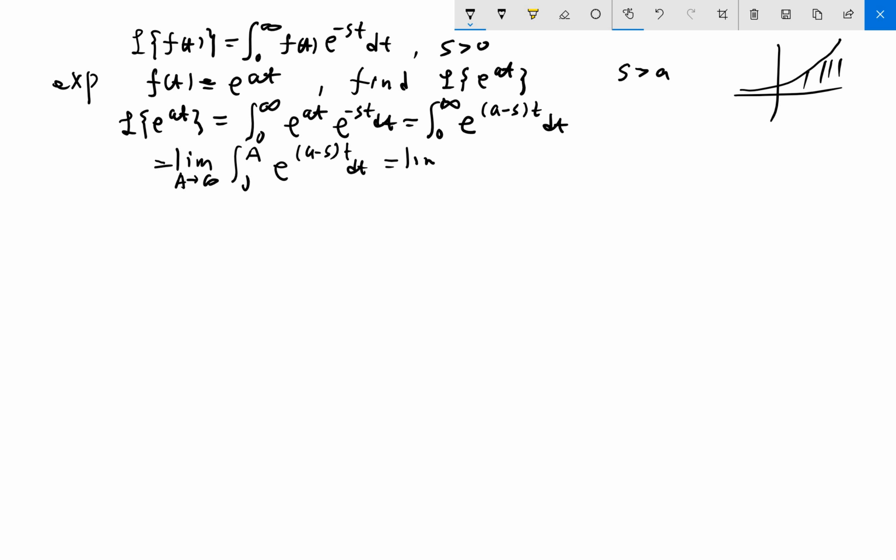This gives you 1 over (a minus s) times e to the (a minus s) t, evaluated from 0 to A. Remember, s is bigger than a, so the exponent is negative something times t.